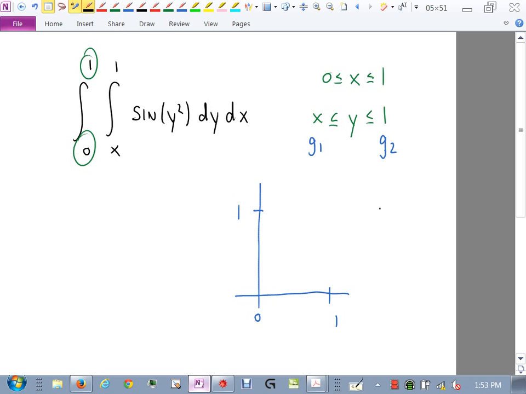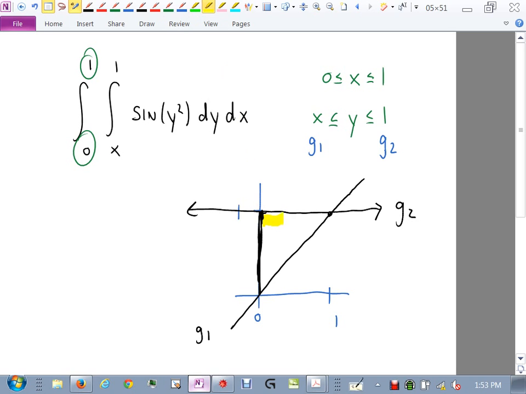So the upper bound is just constant 1. That's G2. And G1 is x, right? y equals x, which is the diagonal. That looks like this. Correct? That's G1. And then with x being 0, it creates this triangle right here.